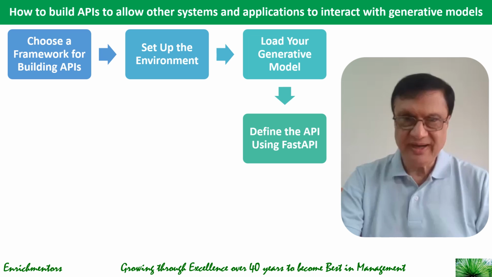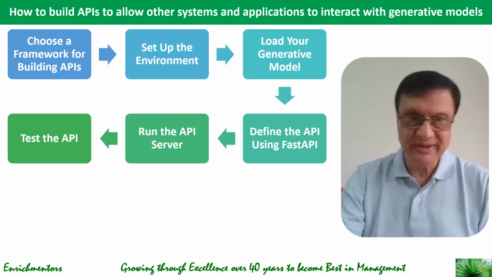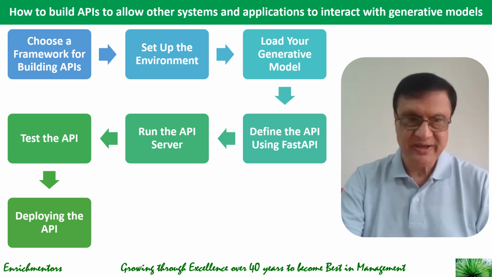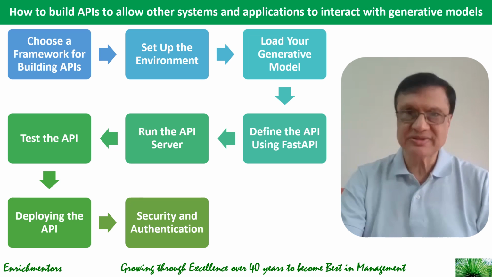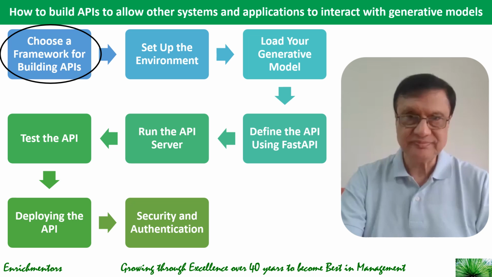Then you define the API using FastAPI, and then run the API server, test the API, deploy the API, and then do security and authentication. So these are the various steps that you need to do to build APIs to allow other systems and applications to interact with the generative models.